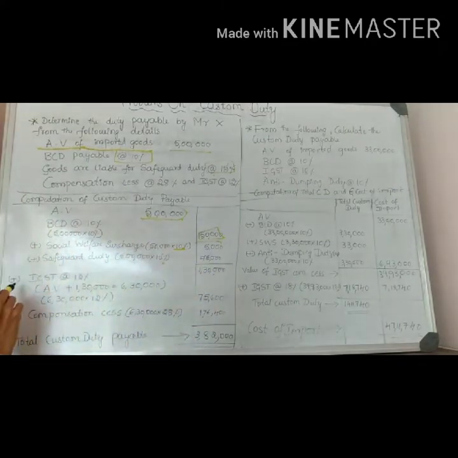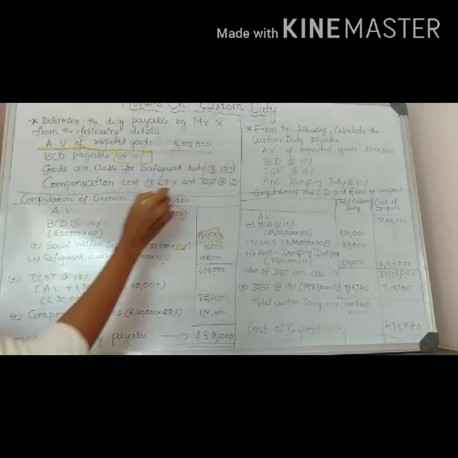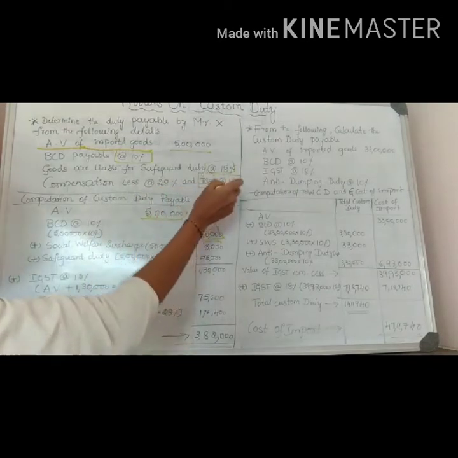Next add IGST at 12%, which is given in the problem.